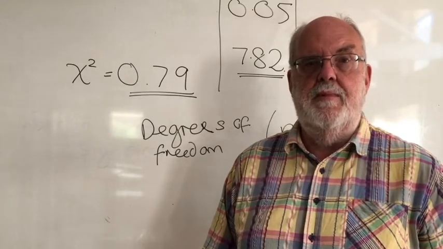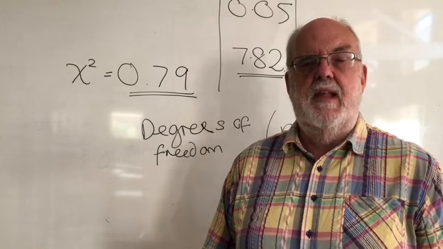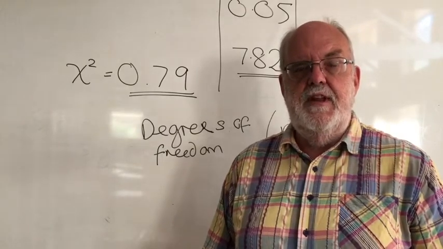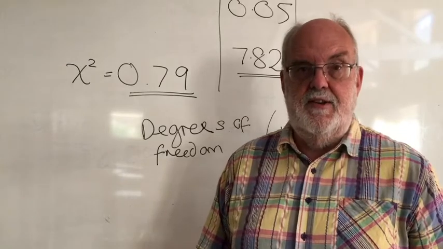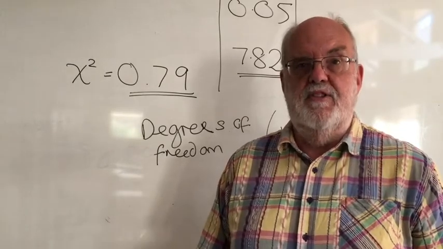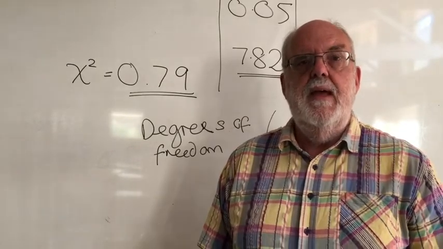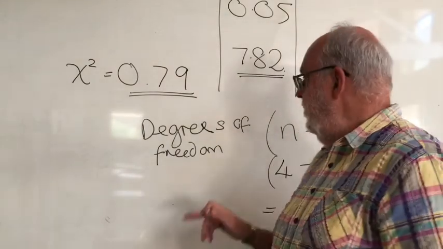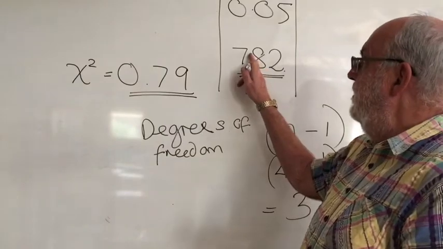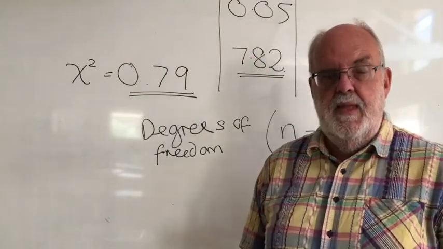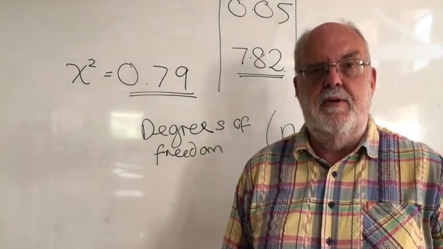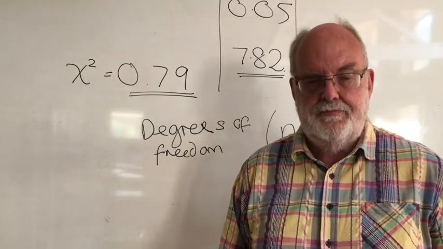It could have happened by chance. Just like when you toss a coin 100 times, if you get 52 heads and 48 tails, it happens by chance. If, on the other hand, the value you got was larger than 7.82, then there's something else at play. It can't have happened just by chance.